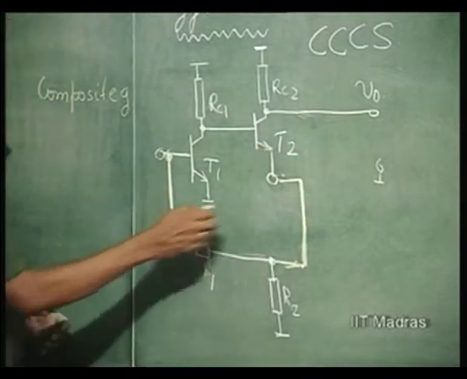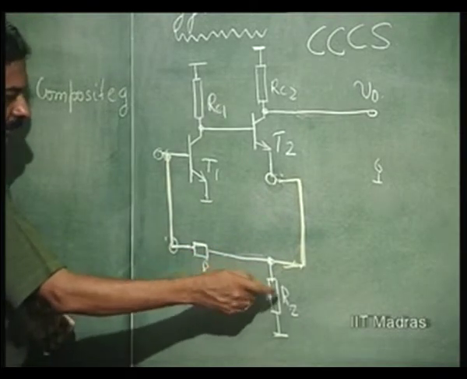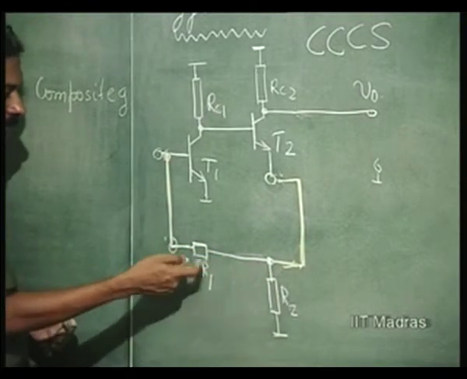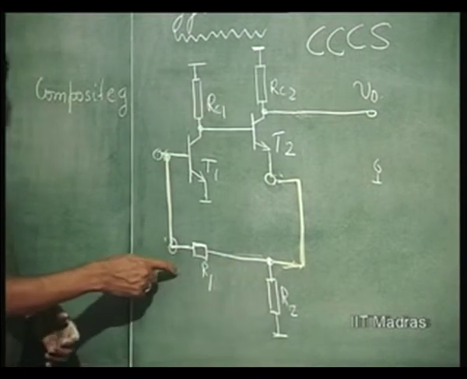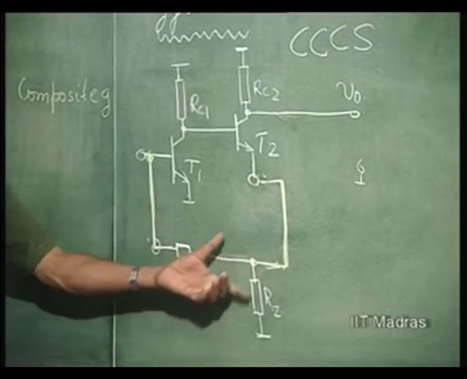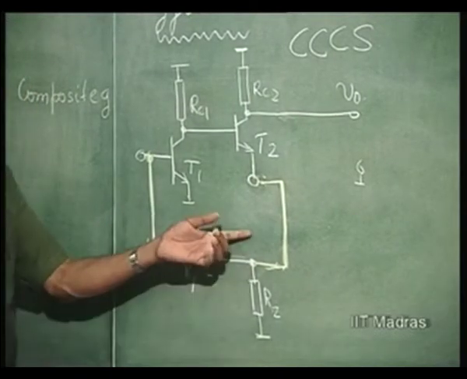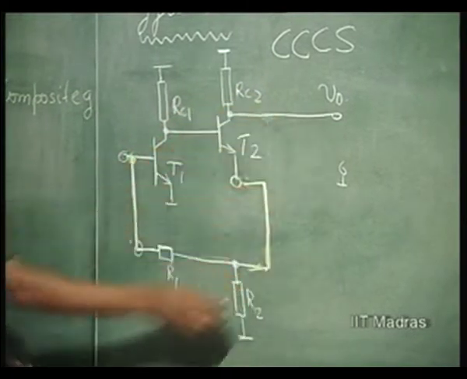If you short, the output current is going to be split between R2 and R1, and therefore, the feedback factor once again is going to be R2 by R2 plus R1. Okay. So, the feedback factor is determined only by the passive network, and output conductance also can be evaluated here.